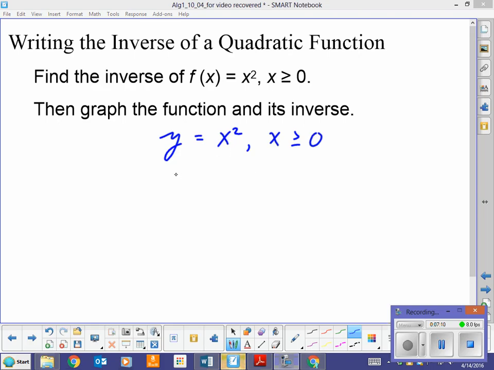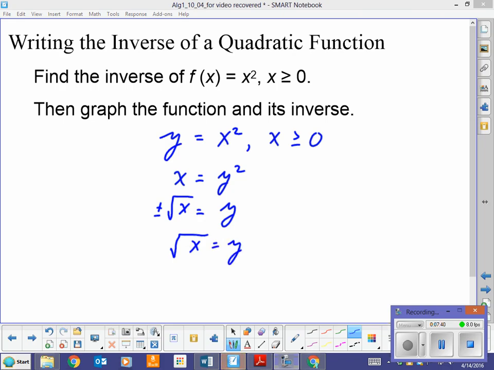I'm going to say that x equals y squared. And then to solve for y, I take the square root of both sides, so y is going to be plus or minus the square root of x. But because x has to be greater than or equal to 0, this is going to be a positive value. So this is just the positive square root of x equals y.